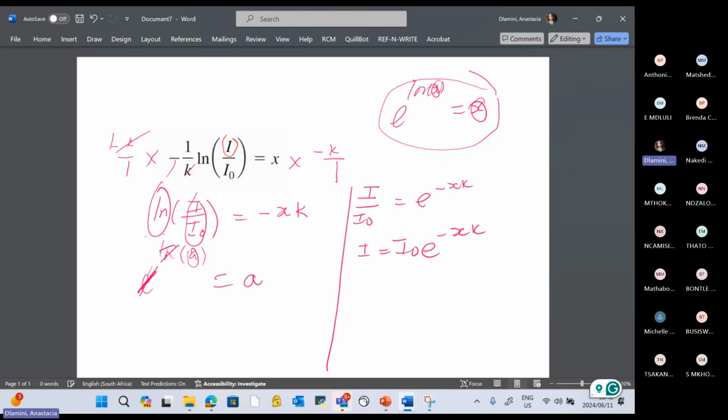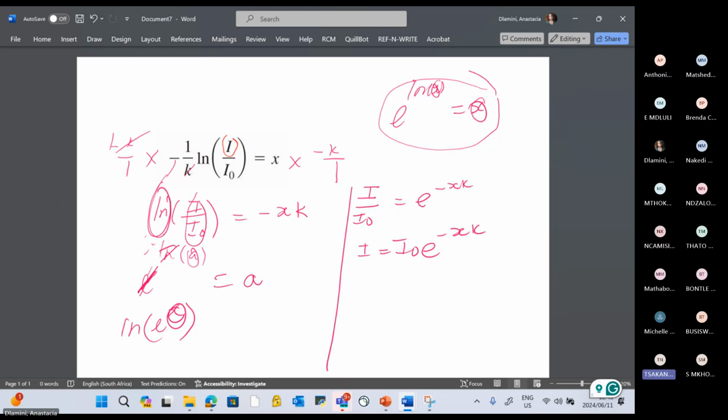So if you see a ln here, you can say e to the power of ln. If you see an e to the power of x, you can put a ln of x so that you only have x. So let's try to avoid long steps. If you understand it like that, it's fine. But let's try not to have long steps. Are we all together?